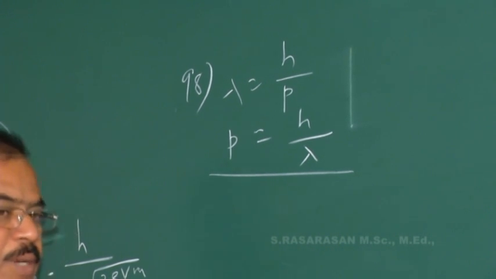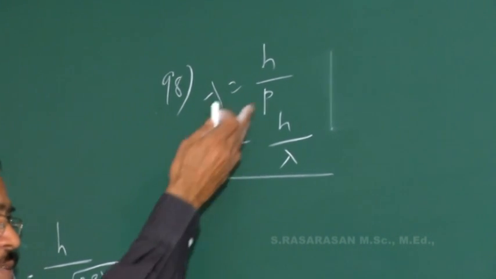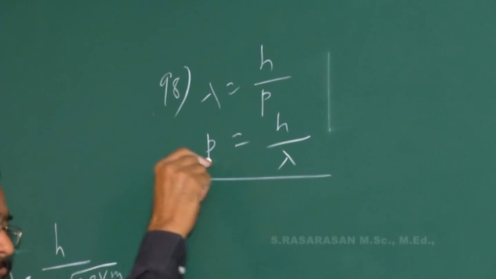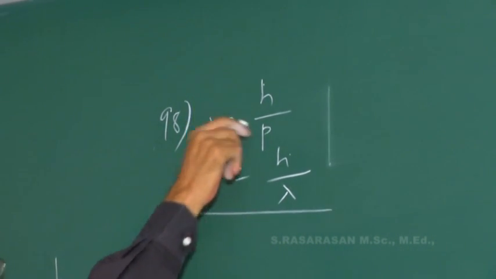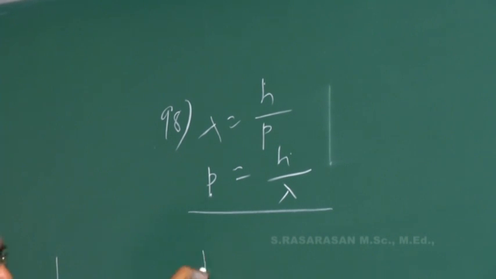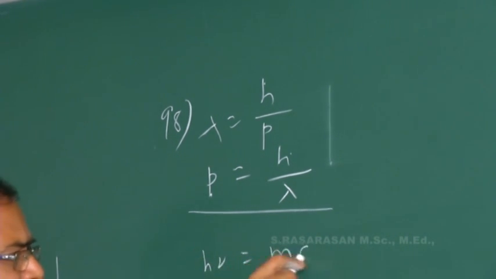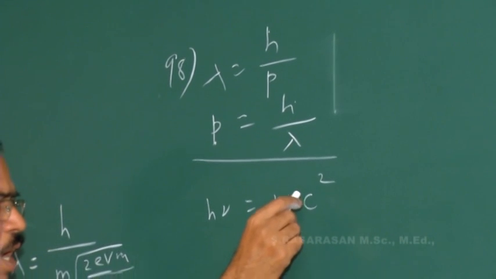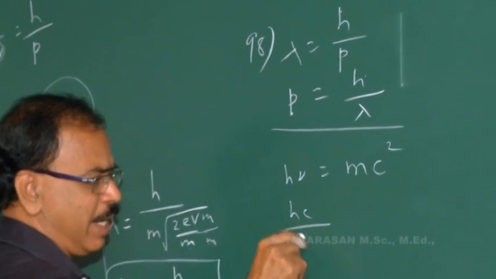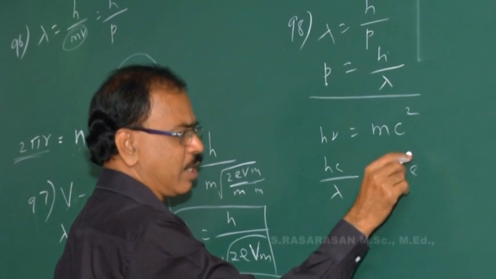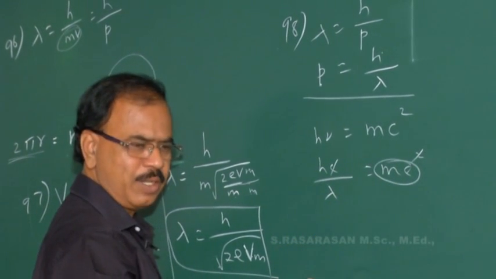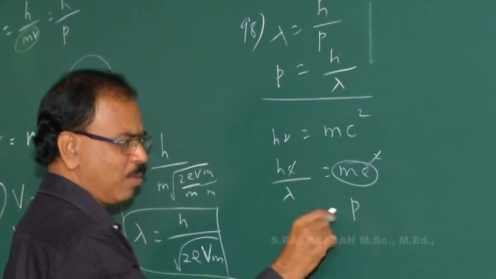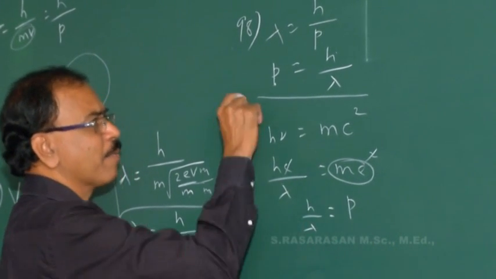Equating these is how the de Broglie wavelength came. So again, the photon's momentum is equal to h by lambda, and the de Broglie wavelength lambda is equal to h by p. Or even say h nu is equal to mc square, or hc by lambda is equal to mc square. Cancelling c, mc is mass into velocity, which is called momentum. Momentum is equal to h by lambda.